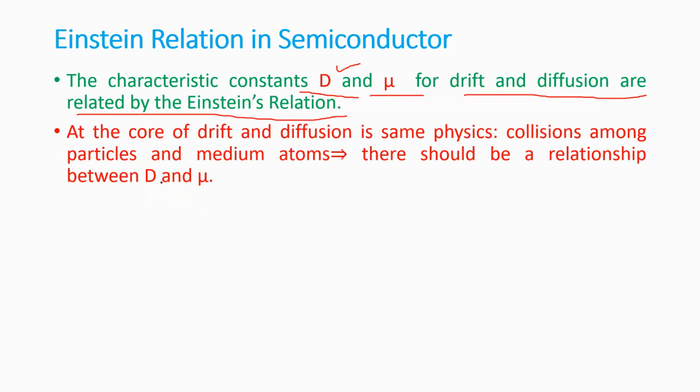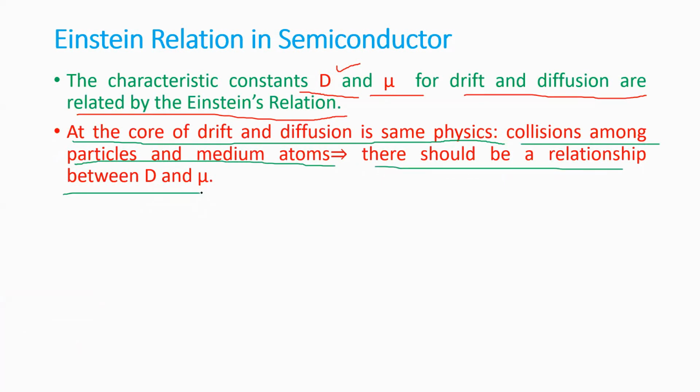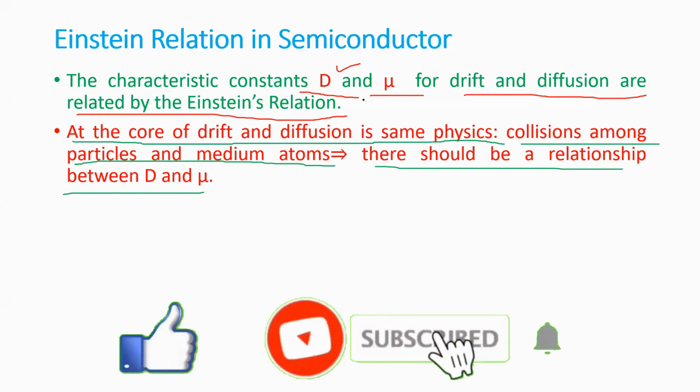What is actually happening, if you have a look at this, is that at the core of drift and diffusion is the same physics: collisions among particles and medium atoms. So there should be a relationship between D and mu. That means it's not the case that they are entirely different. Diffusion and mobility are related because at the core the atoms are the same, collisions are there between atoms.